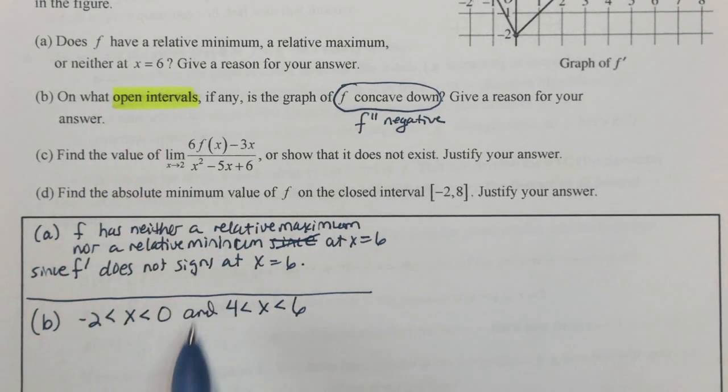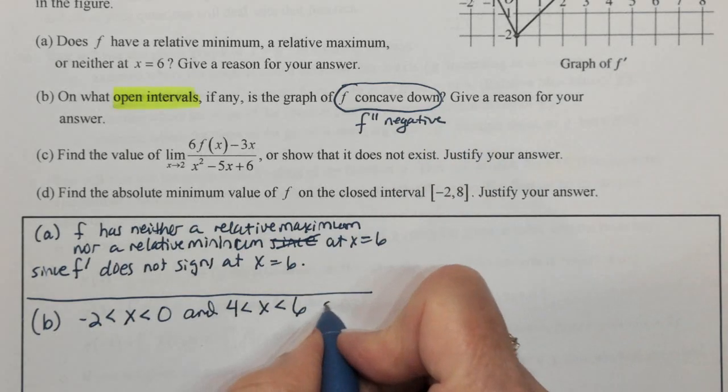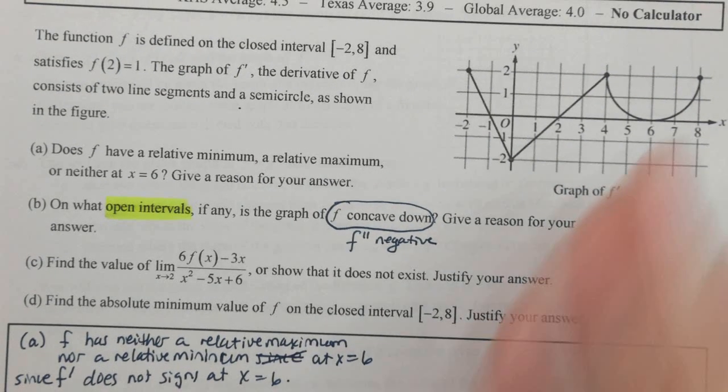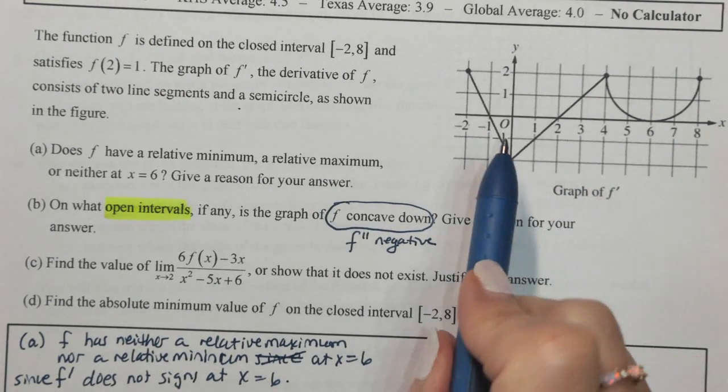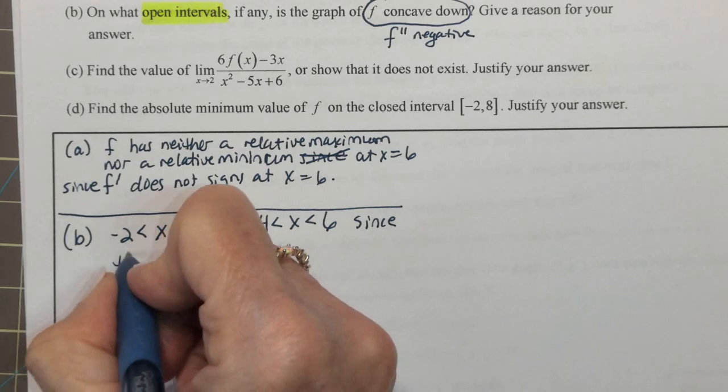I answered the question. Since, what did we do? What did we consider? The slope of f prime is negative. That's what we looked at.